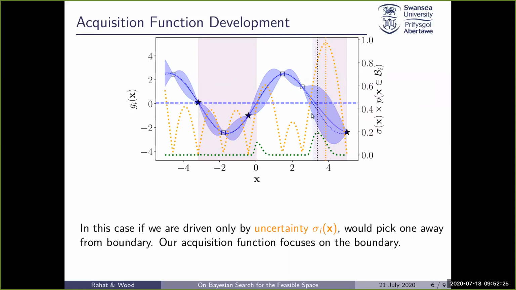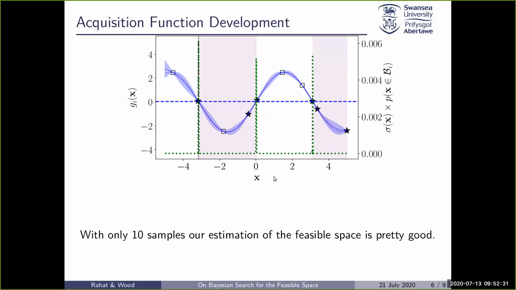So we are striking a good balance between the exploration and exploitation terms. After we have taken about 10 samples in total, our estimation of both regions is pretty good. And this is what we wanted. We can give this classifier to our building designers, and they can then rapidly tell whether a design is feasible or not.